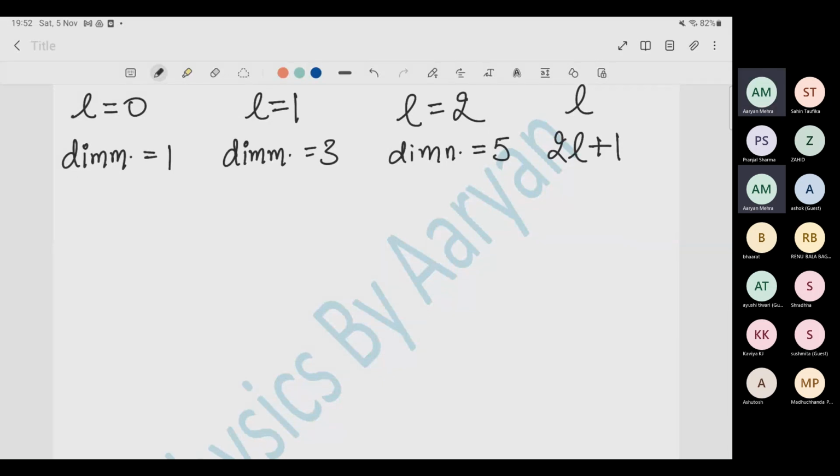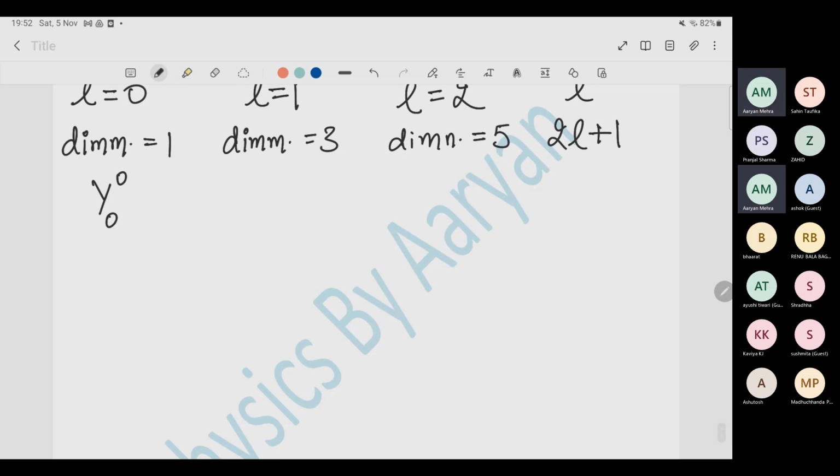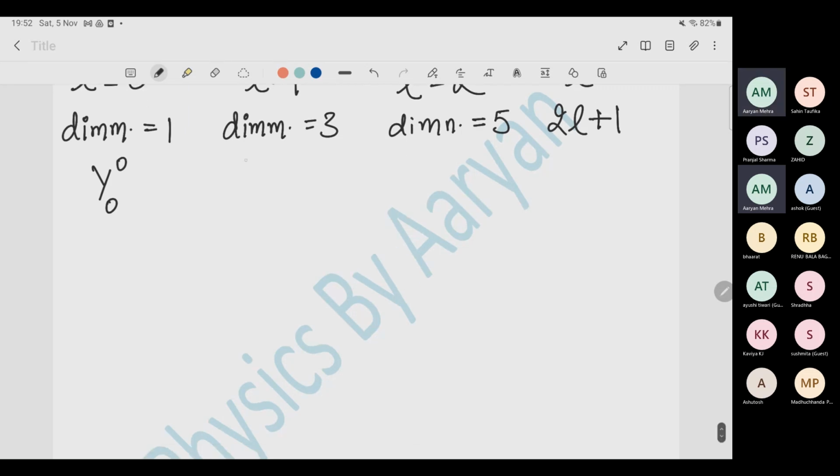Okay, so now let's see what the possible states are. For L equals 0, the possible state is Y00 only. L is 0, M is 0. But for L equals 1, what are the possible states? Okay, 3.